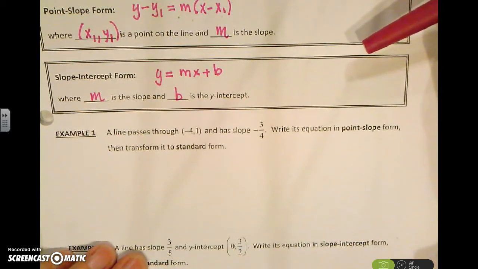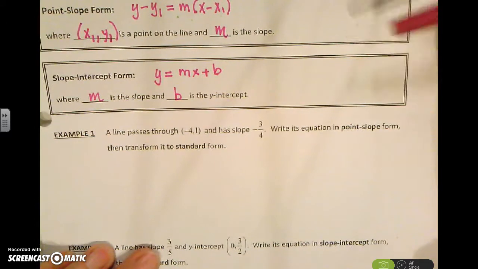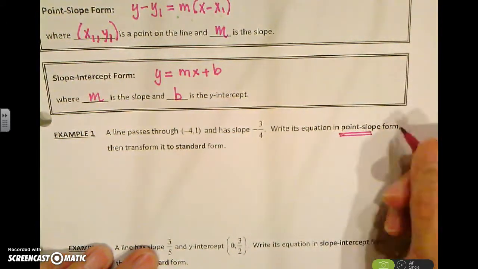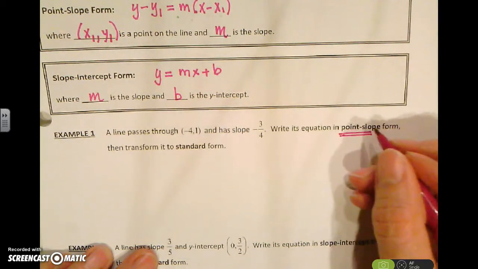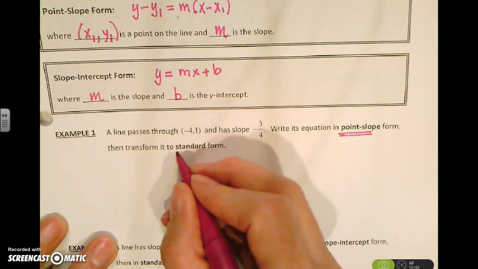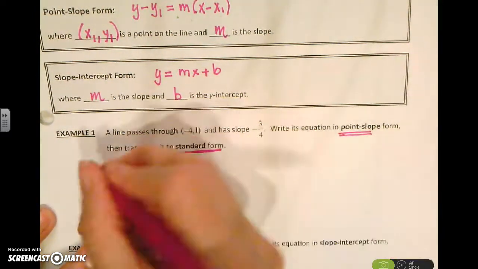Example 1 says a line passes through the point negative 4, 1 and has a slope of negative 3/4. Write its equation in point slope form, so it's got a point and the slope, and then transform it second into standard form. So we're going to begin with point slope form.